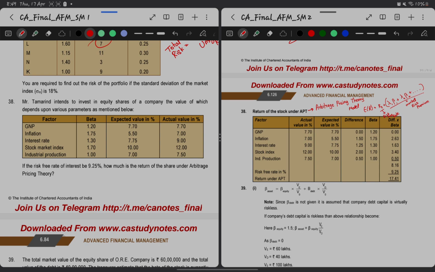If in any problem they have given different factors and beta for those factors, then it will obviously be APT, the arbitrage pricing model. But the trick is how to find the lambda.